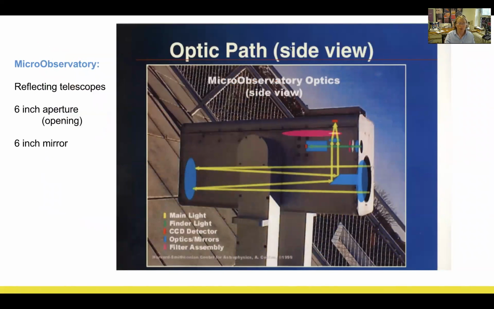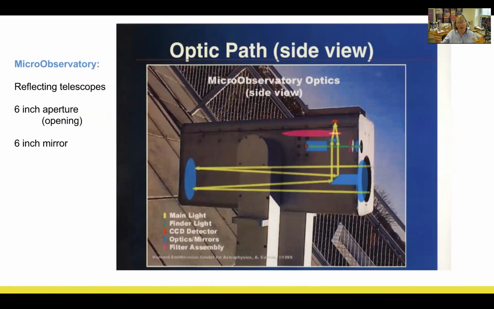directions to the telescope. So again, here's a cutaway view of the MicroObservatory telescope. So the light goes in through the opening, and that's an important characteristic for astronomers. They like bigger apertures or openings to their telescope because they let in more light.